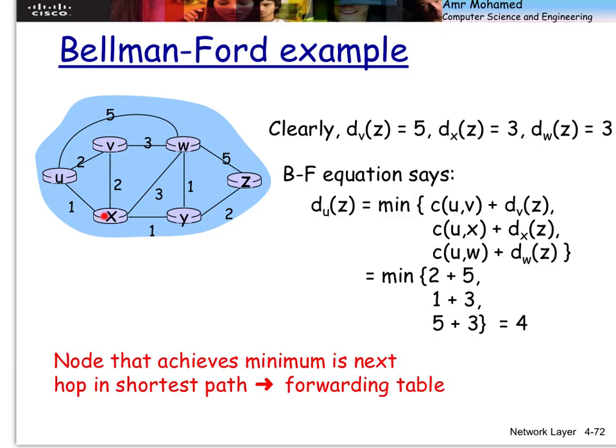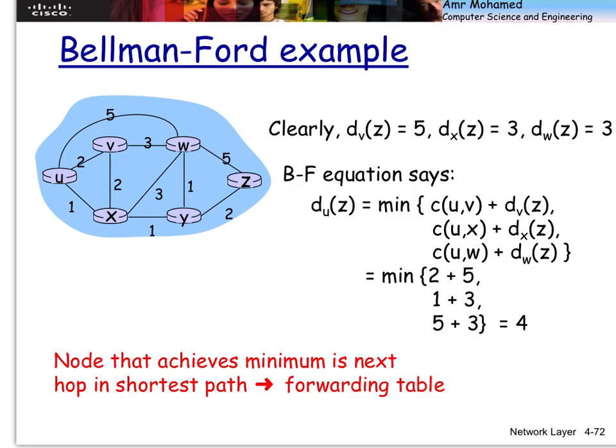And what node U also has is the distance from the neighboring nodes V, X, and W. These are neighboring nodes because I have direct connections to these nodes, okay? So node U at time t receives a vector of distances to destination Z from node V, from node X, and from node W. So these are the neighboring nodes.